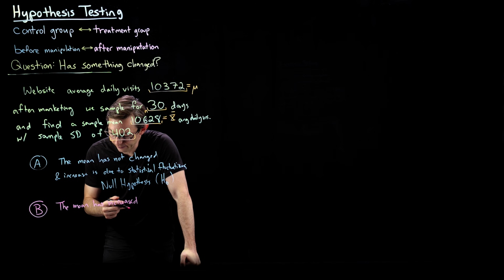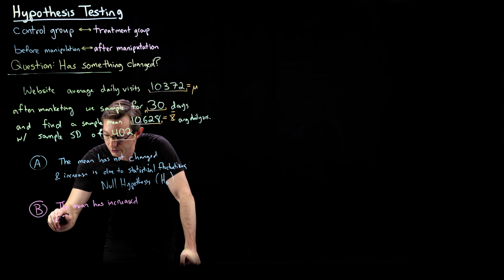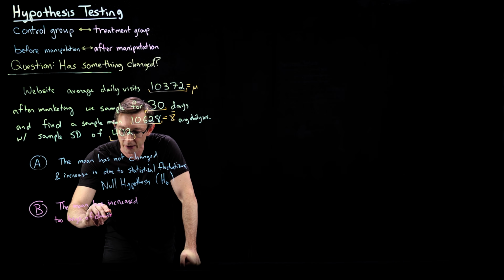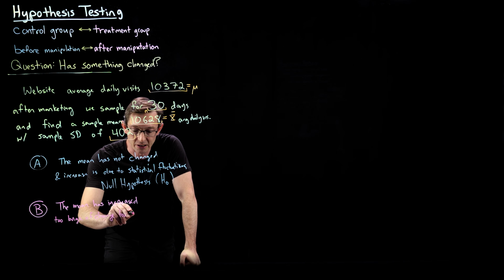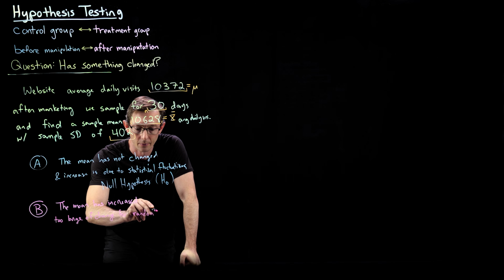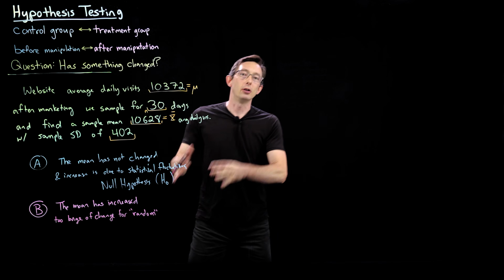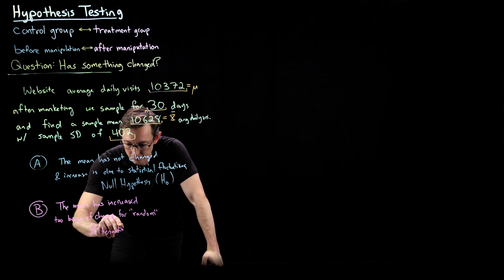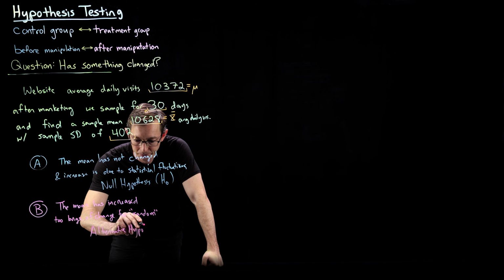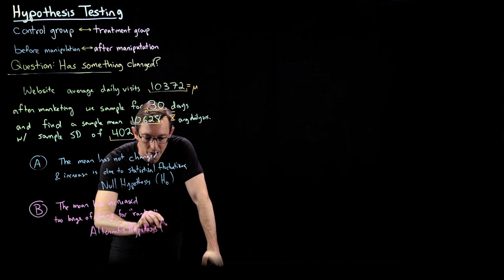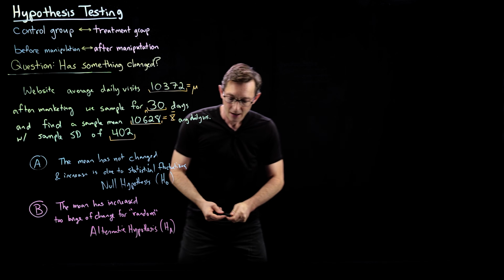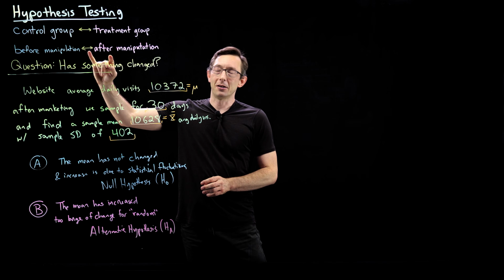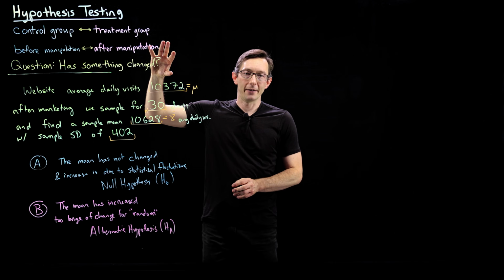So it's kind of too large of a change for statistical fluctuations, for it to be kind of random. And this is called the alternative hypothesis. And sometimes we give this a name, we call it H sub A. And I realize in A-B testing, really that should be called B-A testing because it's before and after.